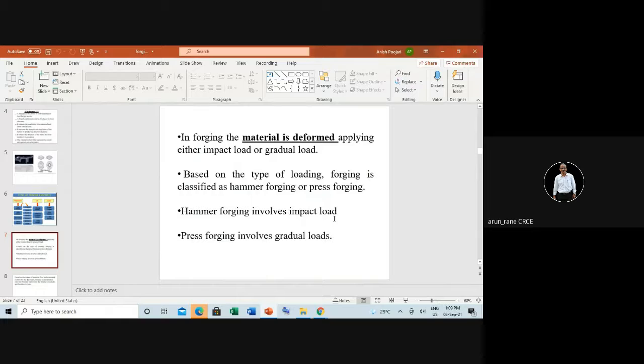So either you can have impact load, thump, thump, thump, or you can have gradual load. So based on this type of loading, it can be classified as hammer forging or press forging. So hammer forging means it's a kind of an impact load.